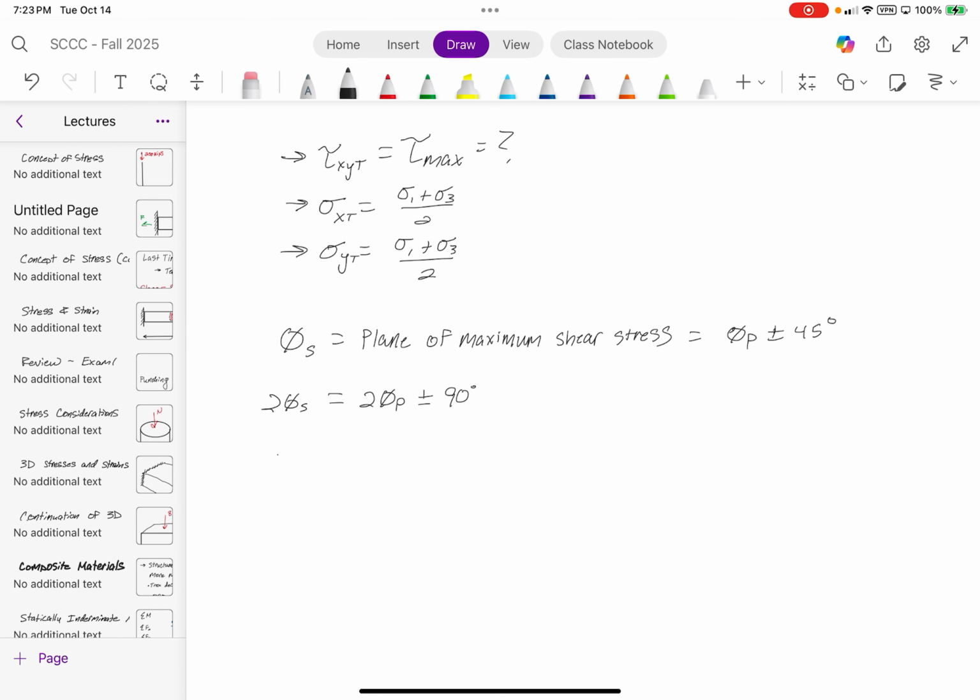When you use this equation, you get that tangent of 2 theta s is just equal to sigma x minus sigma y divided by 2 tau xy, which is the same as saying theta s is equal to 1/2 inverse tangent of sigma x minus sigma y divided by 2 tau xy.